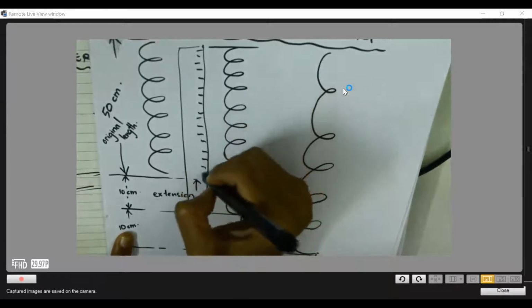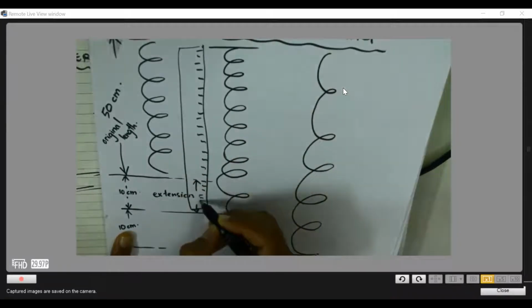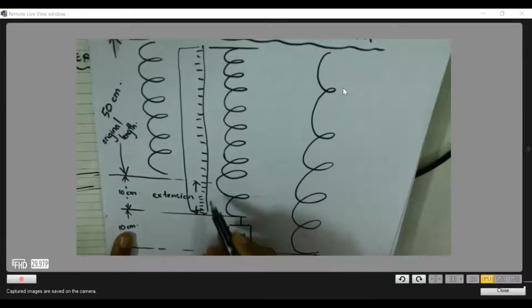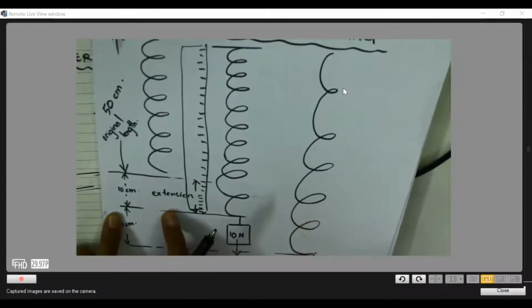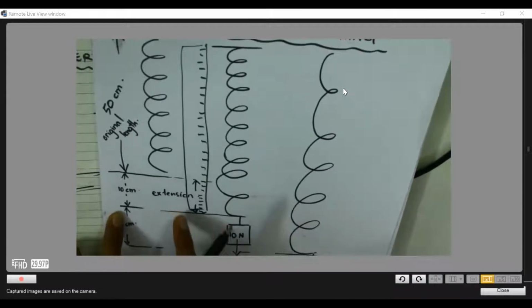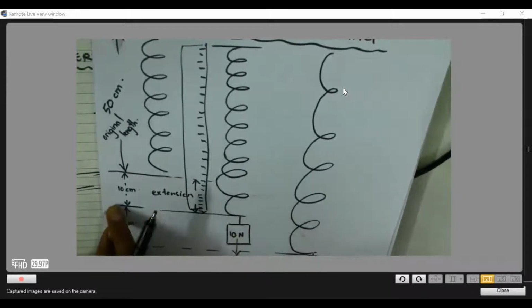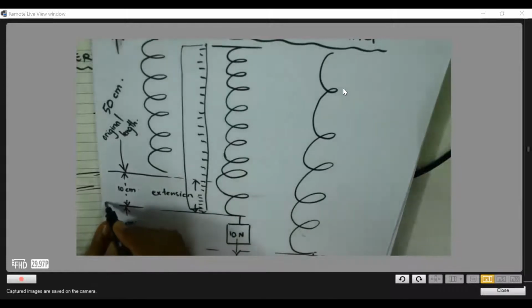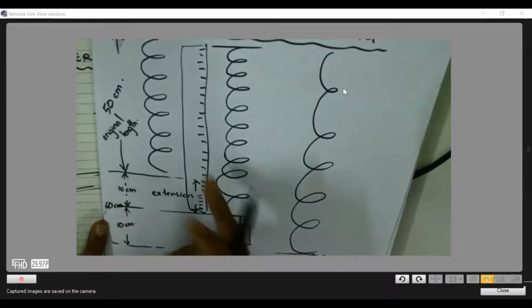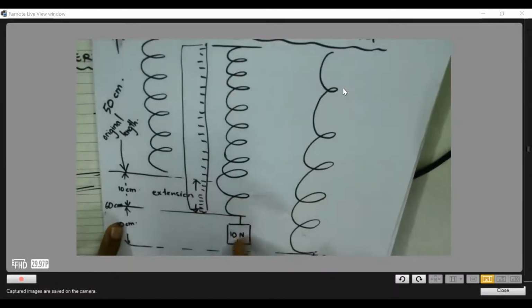Now, with the help of a graduated meter ruler, we can measure the new length. Extension would be the difference between this new length and the original length. For example, the length is now 60 centimeters after hanging 10 newtons.